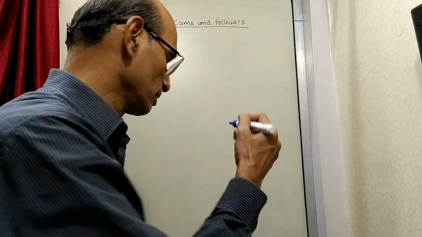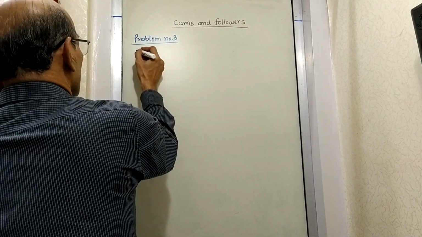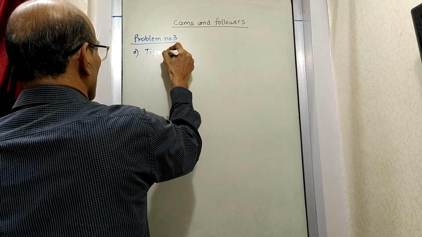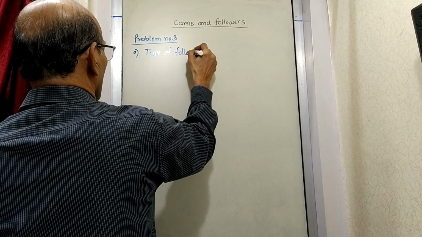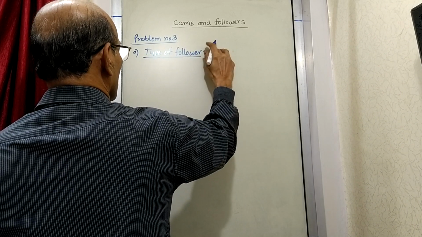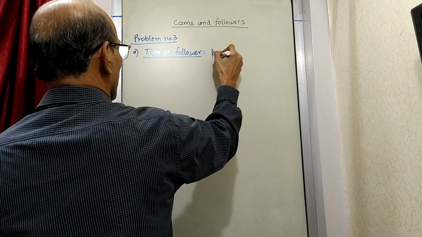So again, like last time, let us write down the data of the problem, whatever is given. Type of follower, it will be knife edge this time.